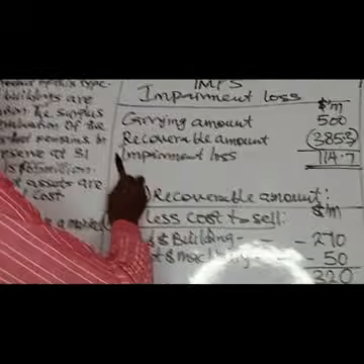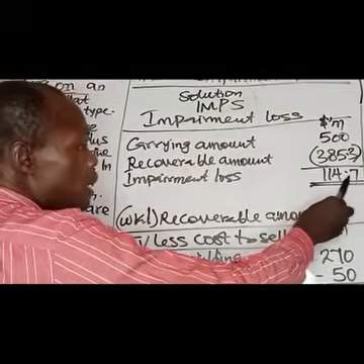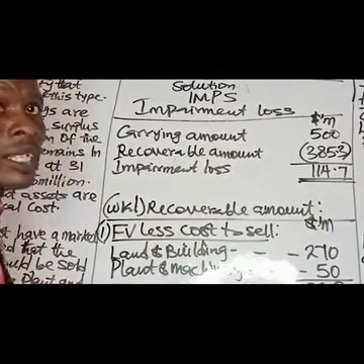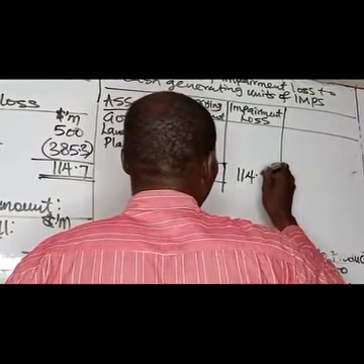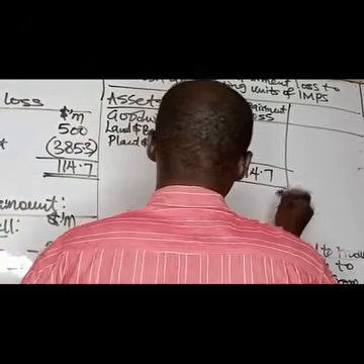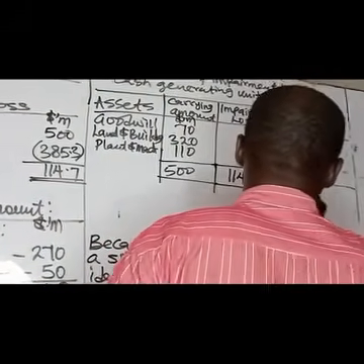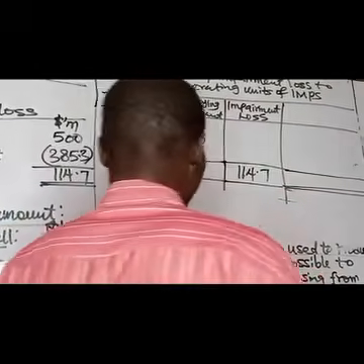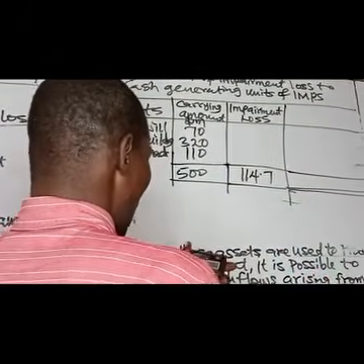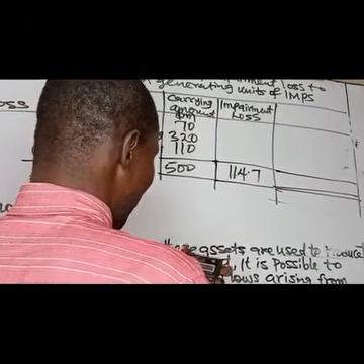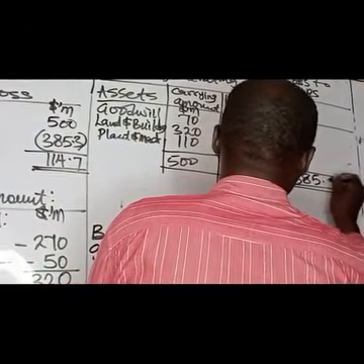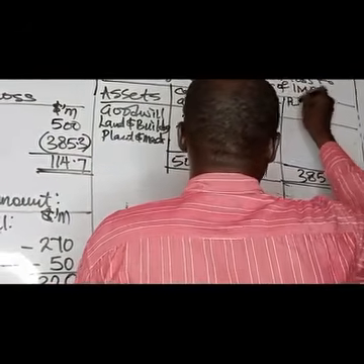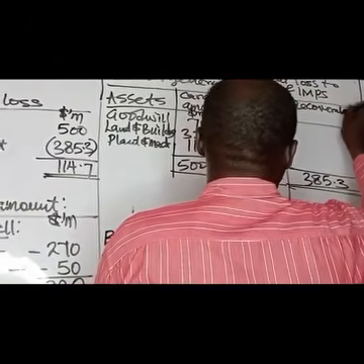Our calculated impairment loss is 114.7. Then if you subtract the impairment loss from the carrying amount, we have 500 minus 114.7. Then we have the recoverable amount of 385.3.